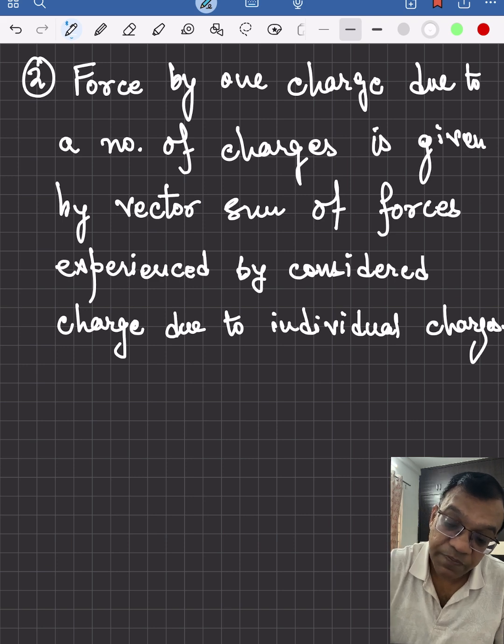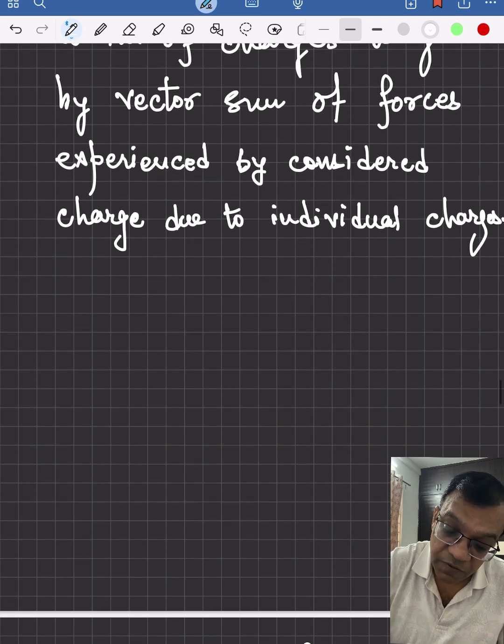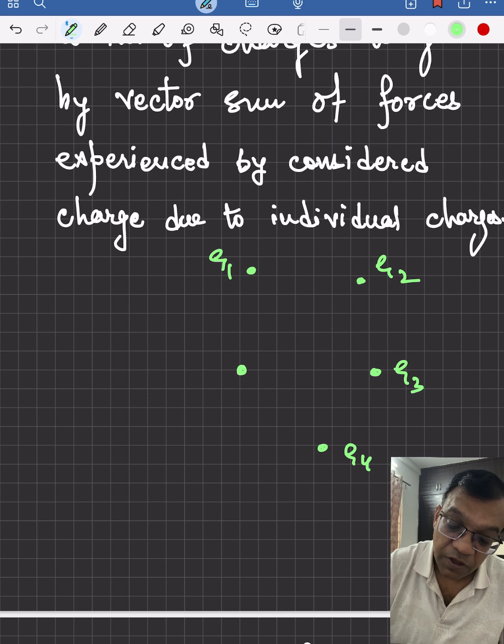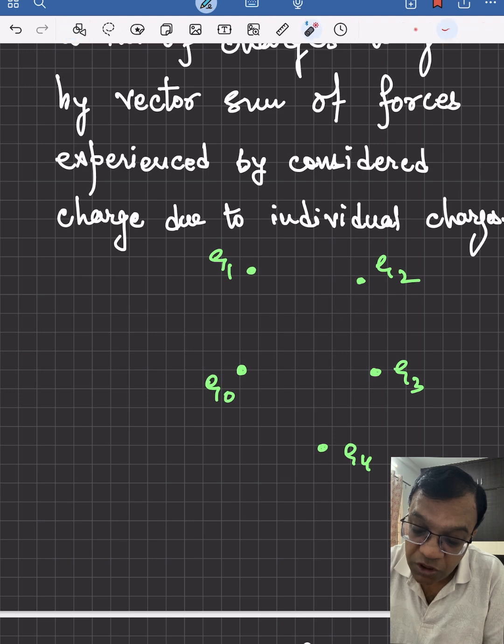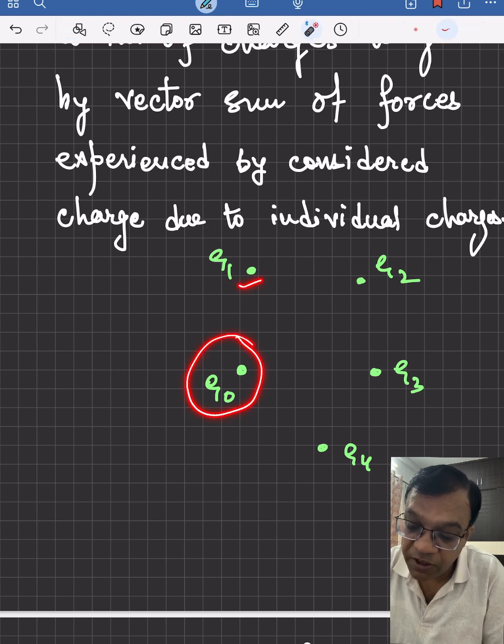Let us say you are having 4 charges, q1, q2, q3, q4, and here you have q0. You want to find the force experienced by q0 due to all these charges together.